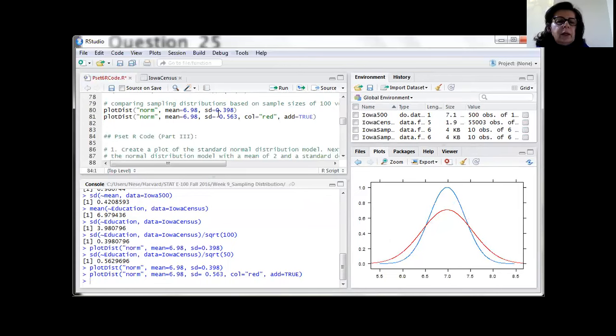We can compare in here too. For the sample size of 100, our standard deviation is 0.398. For size of 50 it is 0.563. And for the first one, the variability is less than the second one.